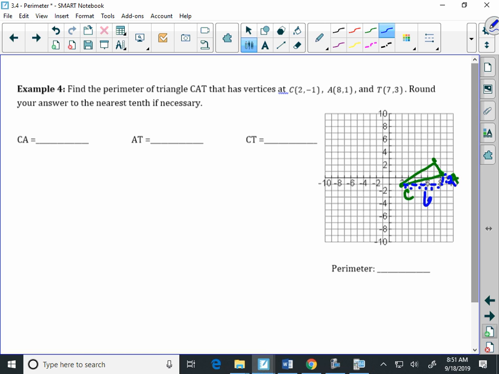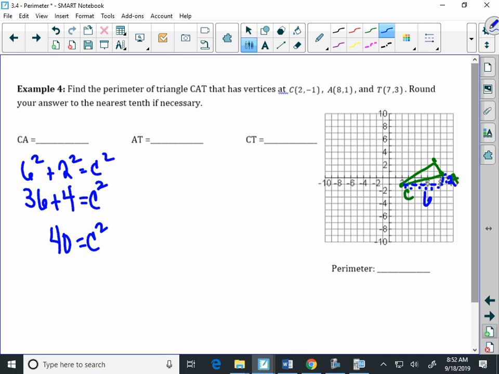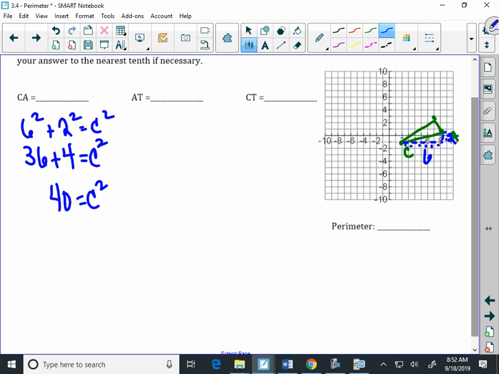So for CA, we're going to use the values of 2 and 6 for our Pythagorean theorem. I'm going to say 6 squared plus 2 squared equals c squared. If you prefer to do 2 squared plus 6 squared, it's not going to make any difference. You end up with 36 plus 4 equals c squared. 40 equals c squared. And then we're going to take the square root of both sides to undo that squaring.